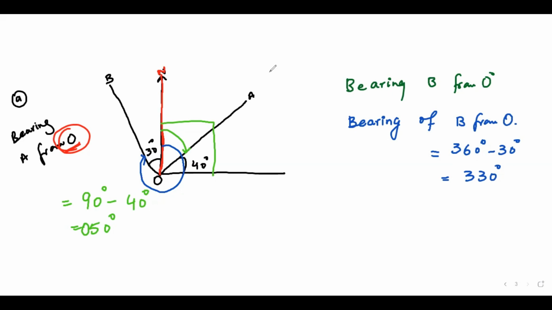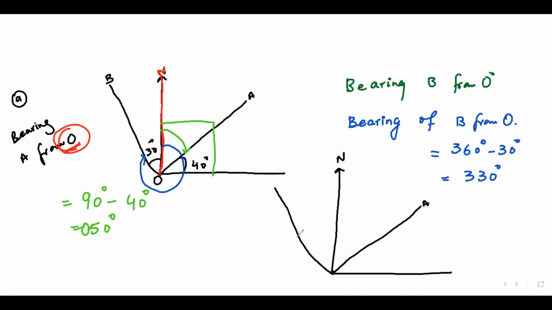But what if for this same diagram, which I'm going to draw again, this was the north, this was point A and this was point B. This is 40 degrees and this is 30 degrees. But this time I am changing my statement.